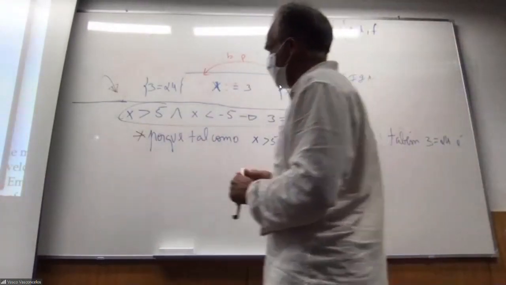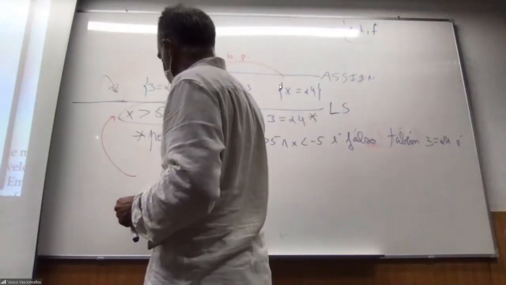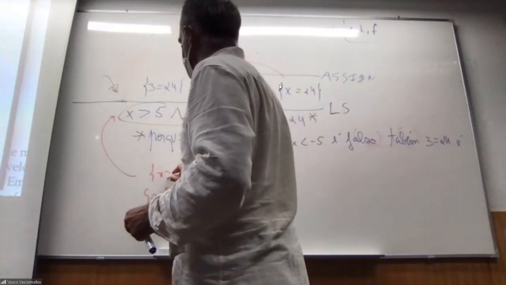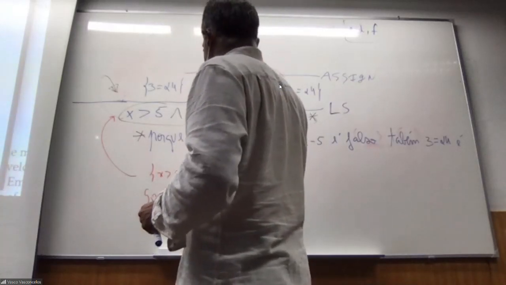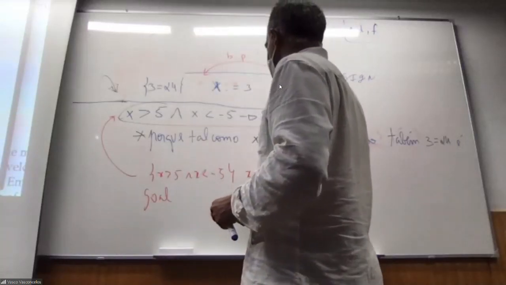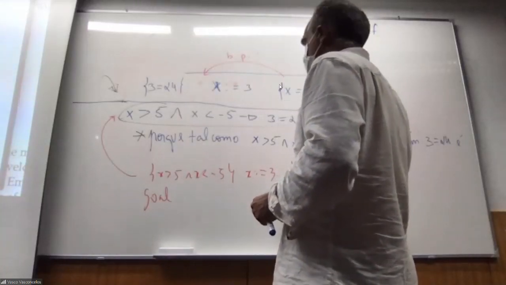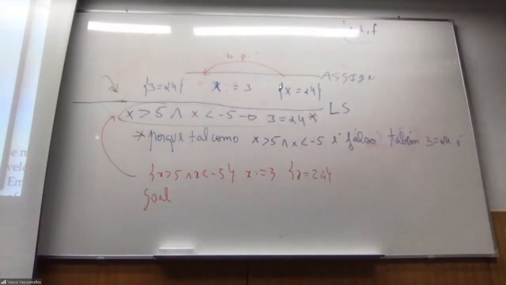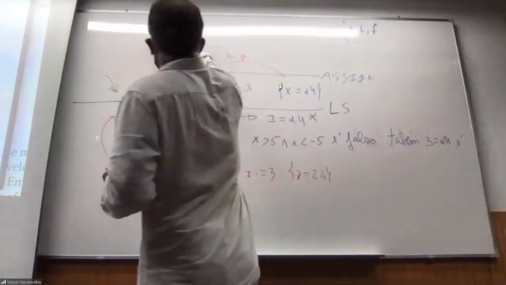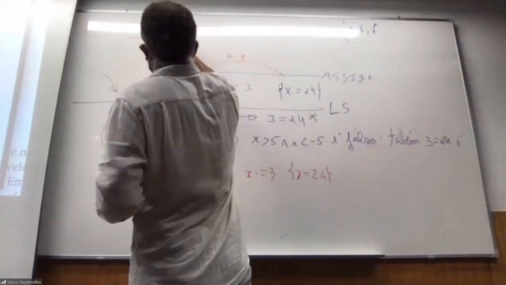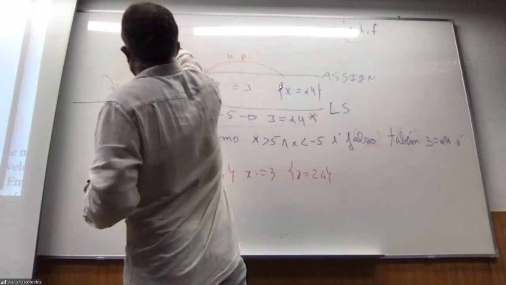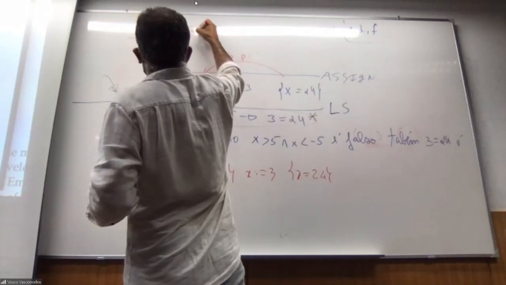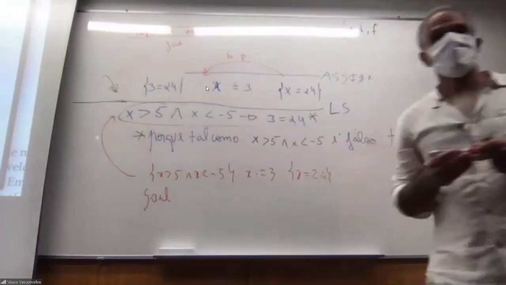And here in the conclusion goes the goal. And the goal is x greater than 5 and x greater than 5, x := . Okay. So it's always like this. Implication here, and this is the sign, like this as a tree.